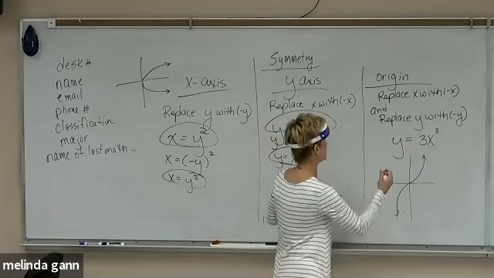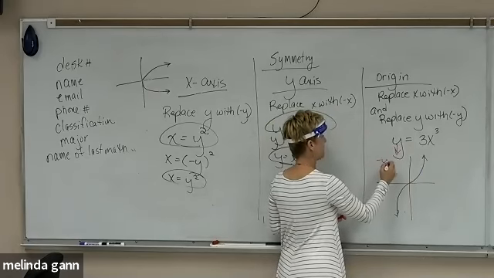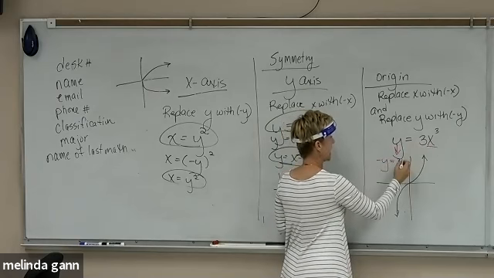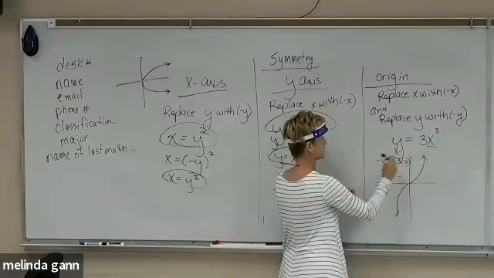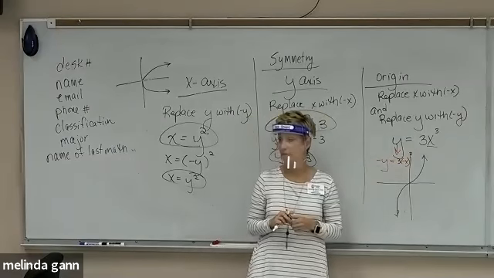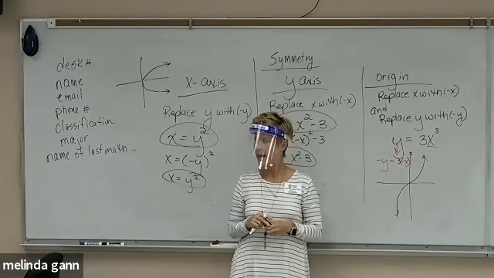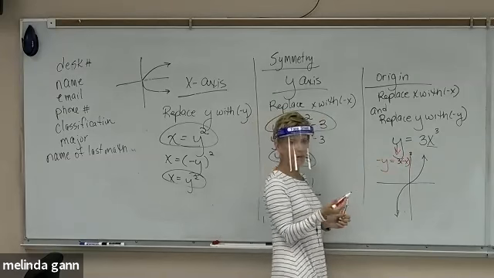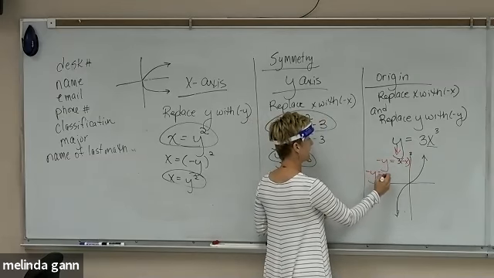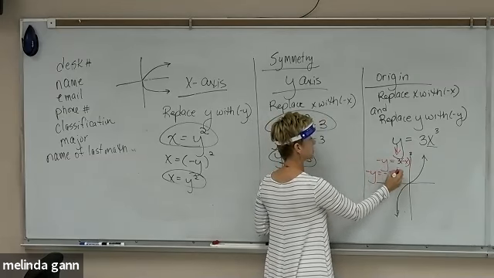So in place of this y, we're going to put negative y, and in place of this x, we're going to put a negative x. Now what happens when you cube a negative? It stays negative, doesn't it? Now here's where you got to be real careful though. Do you see that I get a negative y equals a negative 3x cubed?